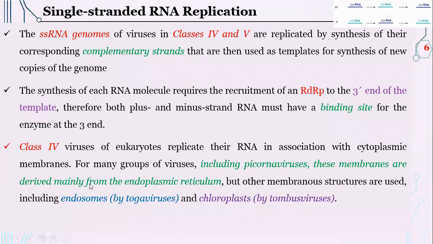So they are derived from endoplasmic reticulum, but other membranous structures are used as well, including endosomes by togaviruses and chloroplasts by tymoviruses. So that means this class of viruses will need the membrane structures.